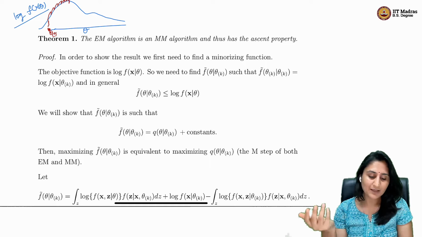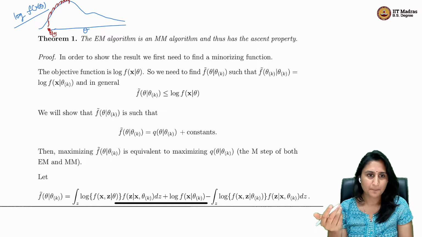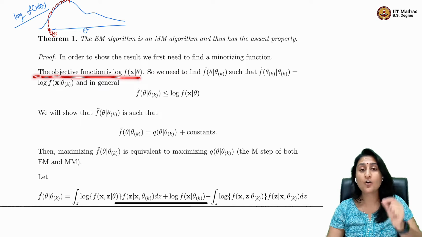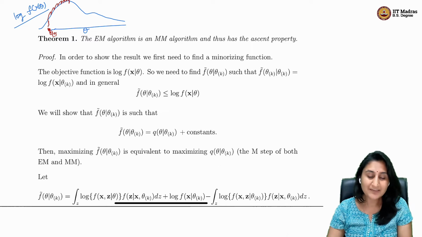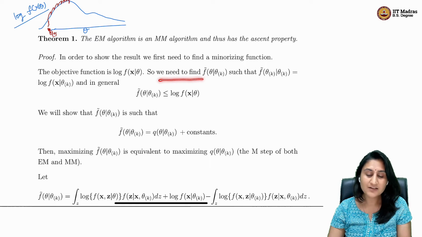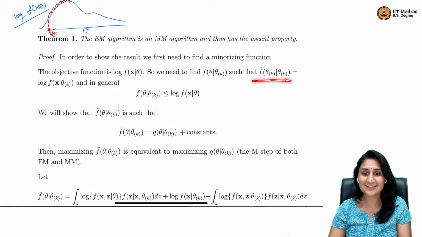Okay, so to show that the EM algorithm is an MM algorithm, I first need to find a minorizing function and somehow connect it to our current EM algorithm. Now, let's recall that the objective function is log of f of x given theta, the log of the observed likelihood. So we need to find, in the notation of the MM algorithm, a minorizing function f tilde of theta given theta k, such that f tilde of theta k given theta k, the value of the minorizing function at theta k, is exactly the objective function, log f of x given theta.